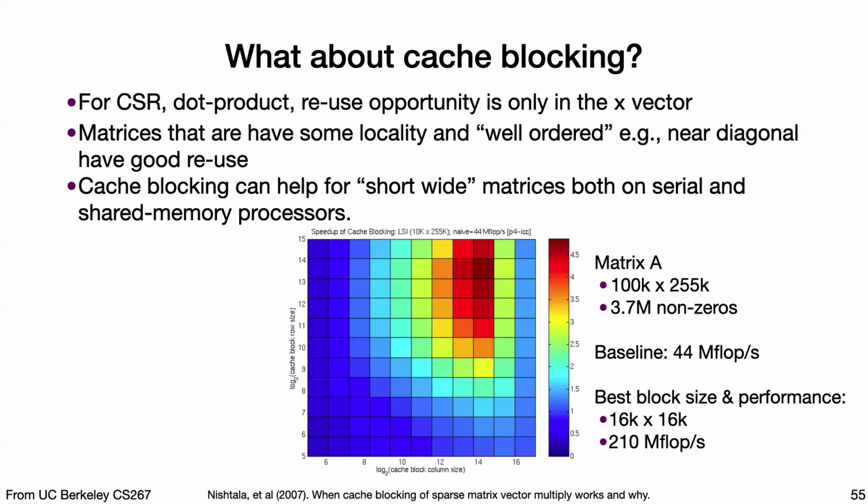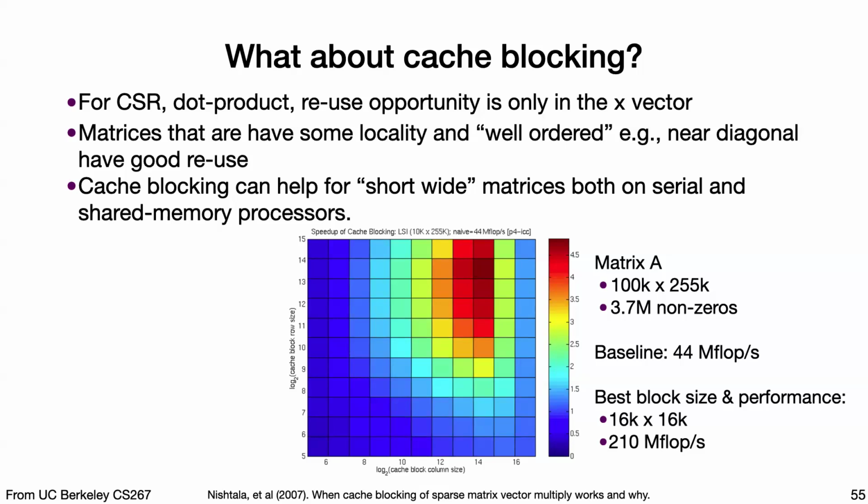And so for cache blocking, it's just blocking, but the blocks are much bigger. So rather than 12 by 12, if you look at these block sizes, now it's log 2 of starting from 6 and going to 16. And here again is log 2 from 5 to 15. So this is row size, this is column size. So it's the same idea of blocking, but just with much bigger blocks.